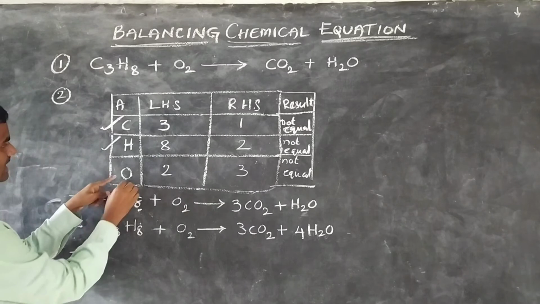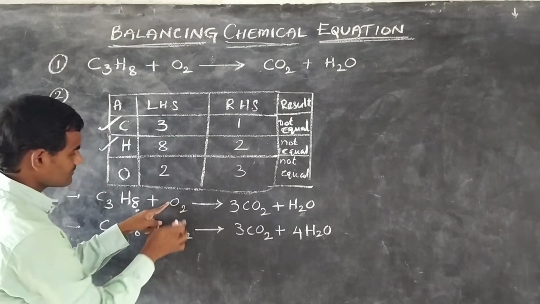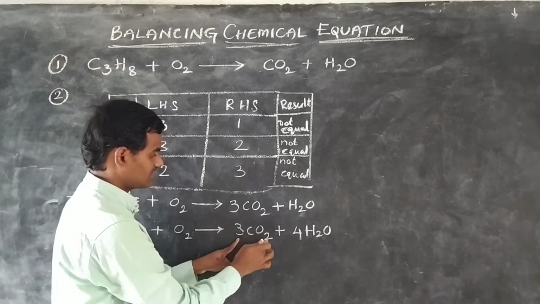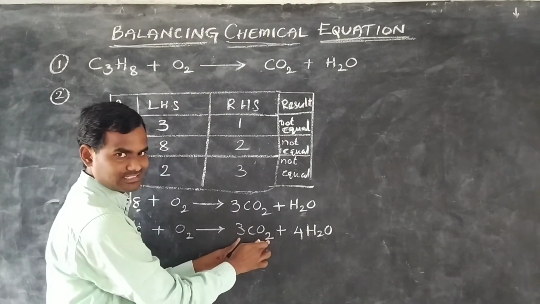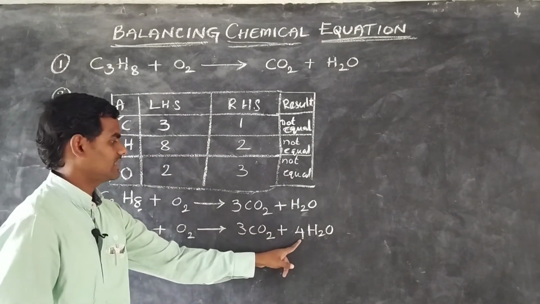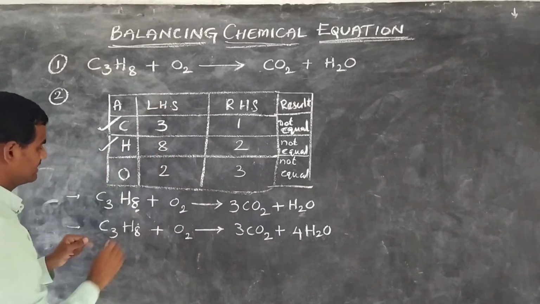Next, balancing oxygen. The number of oxygens on the left hand side is 2, and the number of oxygens on the right hand side: 3 2s are 6, plus 4, total 10. So, here we have to balance the oxygens on the left hand side, that is the reactant side.